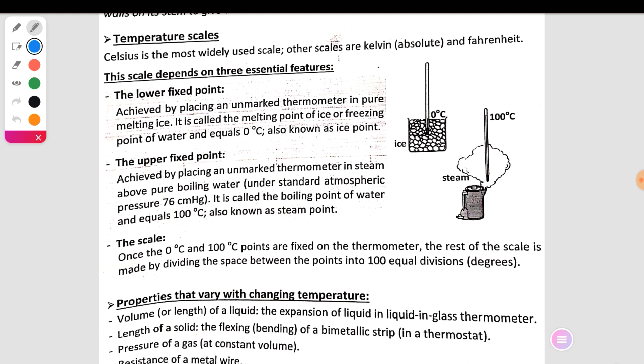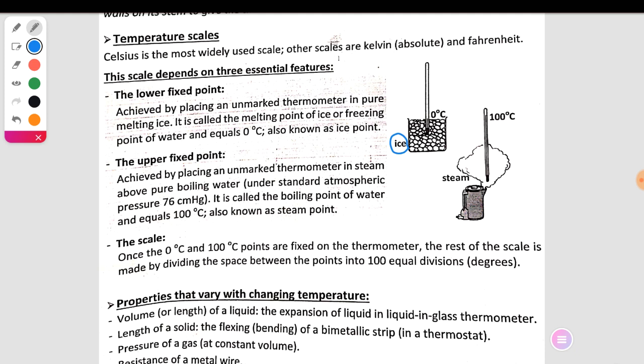Immerse the thermometer in melting ice or crushed ice, because ice may have a temperature less than 0, for example -5, while crushed ice or melting ice has a temperature equal to 0.